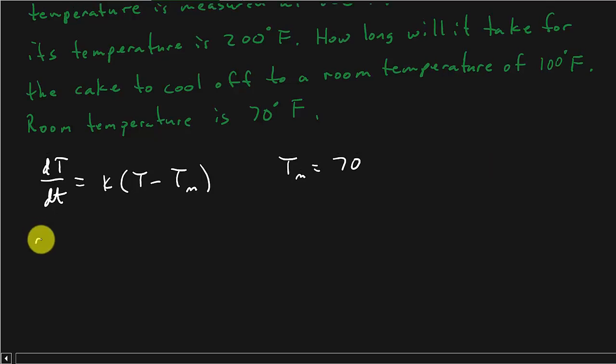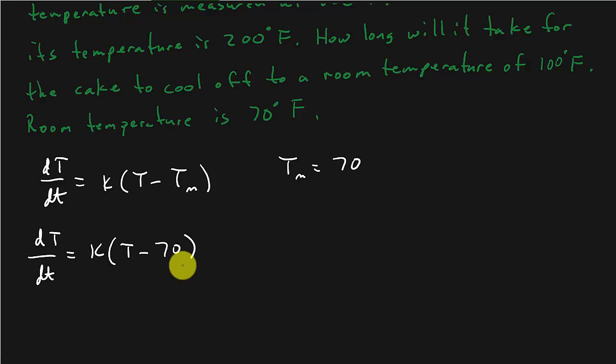So we've got dT/dt is equal to K times (T minus 70). All right. So, well, what do we have here? We have a differential equation to solve. And, well, how would we want to go about solving this?